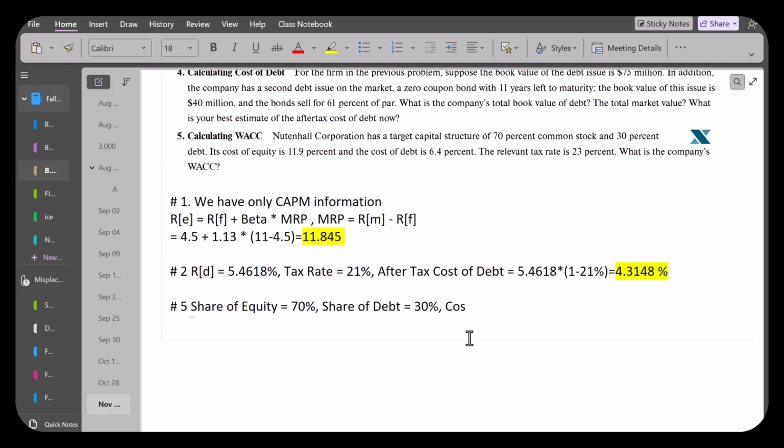Cost of equity is 11.9. Pre-tax cost of debt is 6.4.